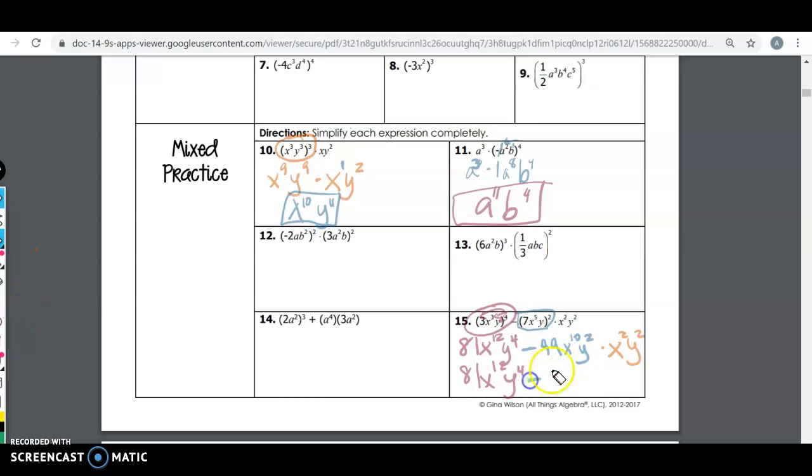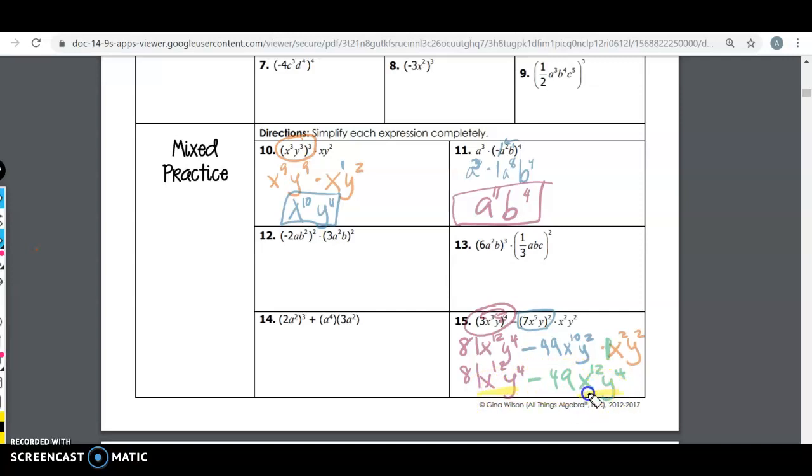Here, that makes a 49, because 49 times 1, multiply the coefficients. And then I'm going to add the exponents from product rule. And perfect. We're left with an addition or subtraction problem. Here's a subtraction problem, where you have the same base. Here we have x to the 12 y to the 4th.